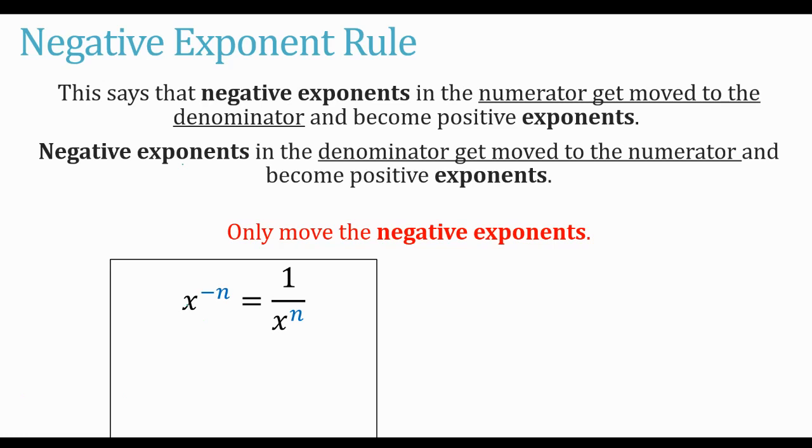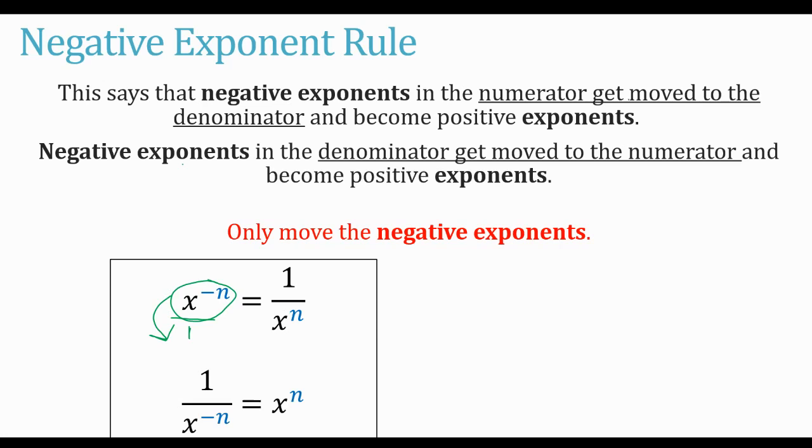So we see here x to the negative n is equal to 1 over x to the positive n. So like we said here, negative exponents in the numerator, because technically this is over 1, we take this and move it to the denominator and make that exponent positive. That's a shortcut.